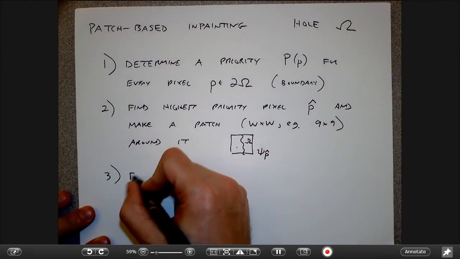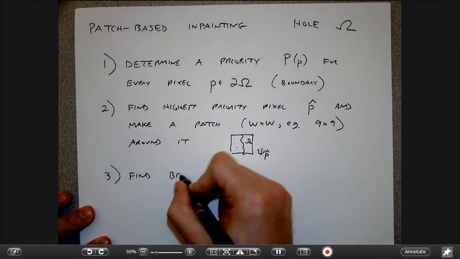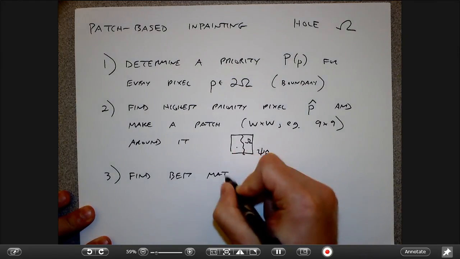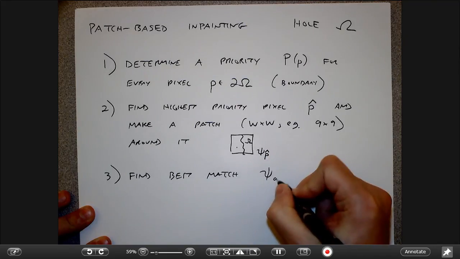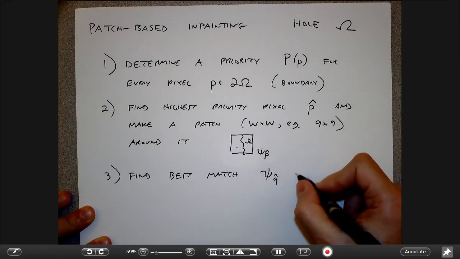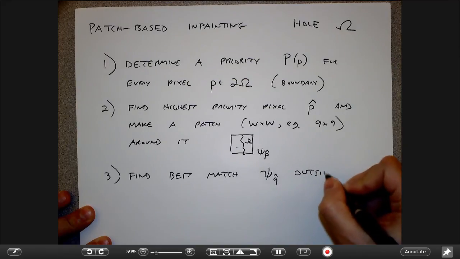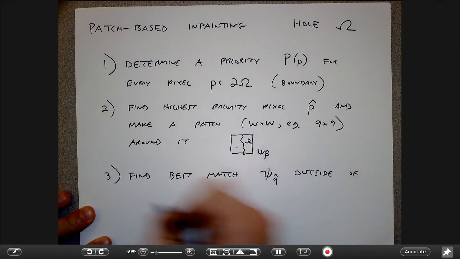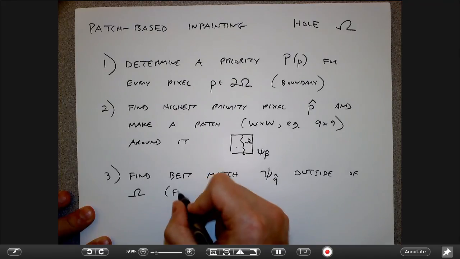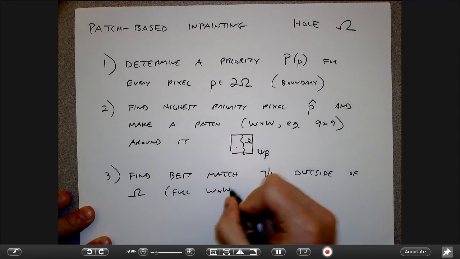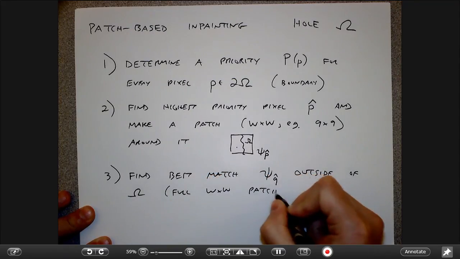And then I can find the best match, psi sub q hat, outside of omega, basically a full W by W patch.